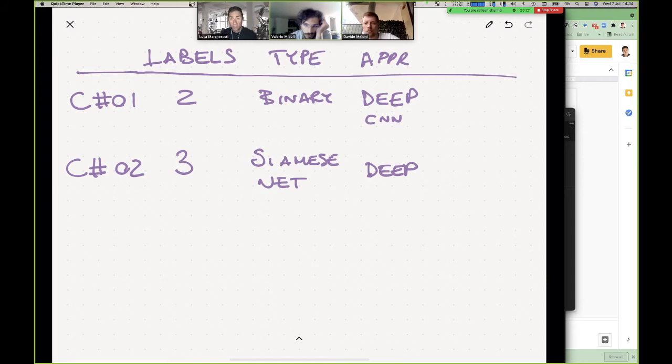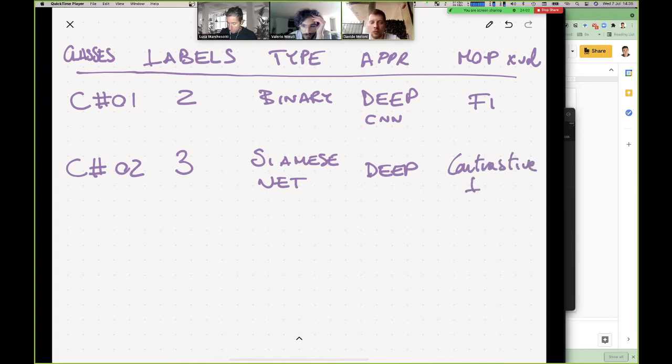And how will you measure the performance? What measure of performance will you cross-validate? For the first one, I think it's simple: F1. For the second one, the loss of the Siamese network is technically called contrastive loss, but it's just the loss.